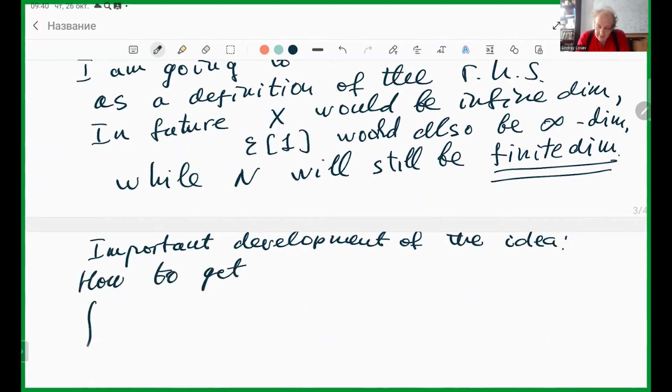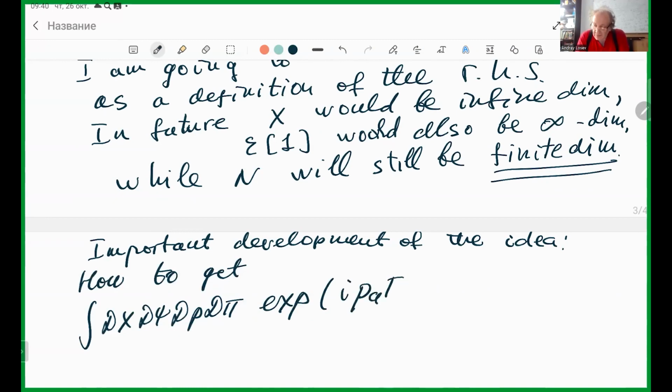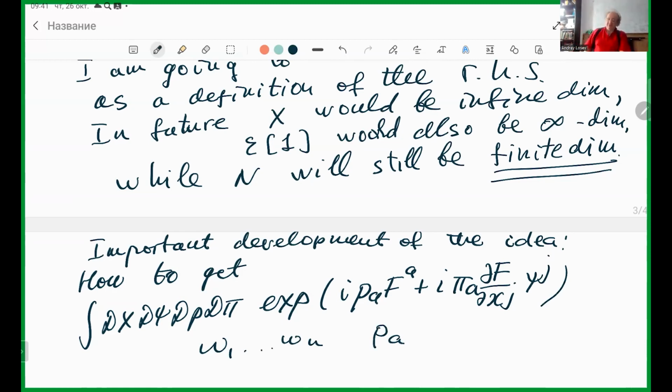How to get so it's my equation. And probably I'd like to get pi a here, or say pb. How to get it?